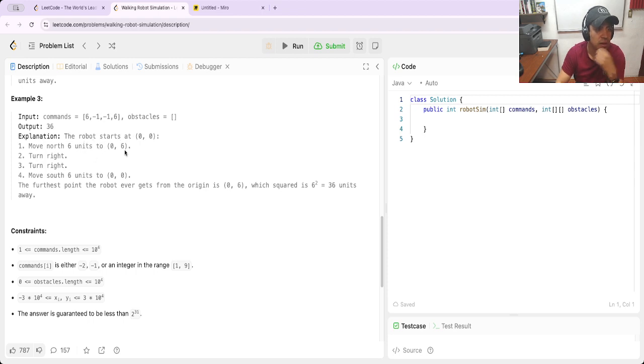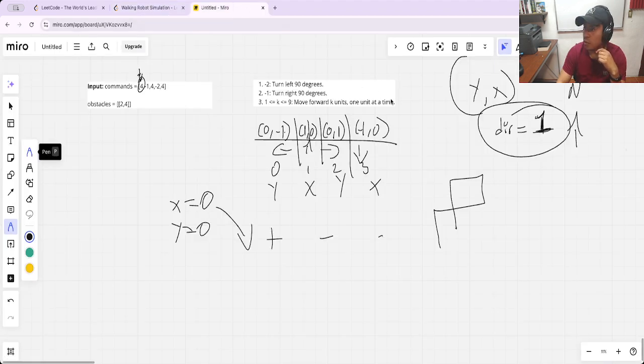Move 6 to the right, and all the time we should save the max number. Okay, let me try the code here. For each orientation, if you detect a negative, you have two possible options of directions.